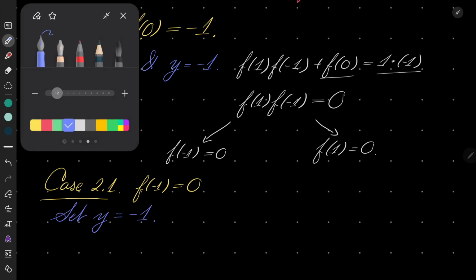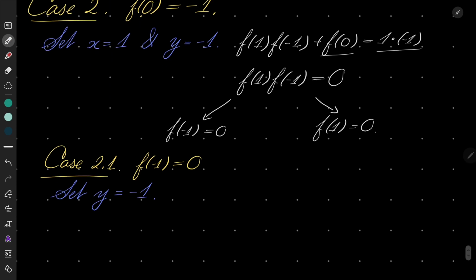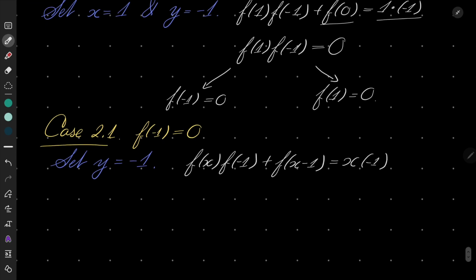We have f(x) times f(minus 1) plus f(x minus 1) equals x times minus 1. But now f(minus 1) is 0, so f(x minus 1) equals minus x.